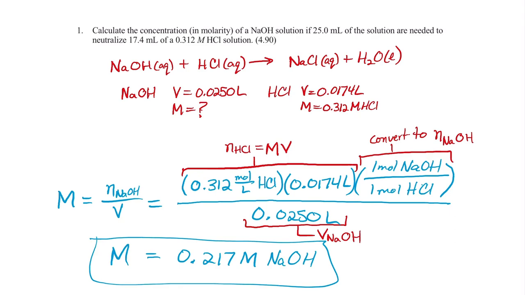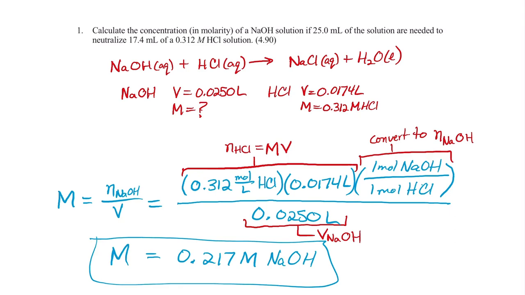And in this problem, I added an extra factor to show you the 1-to-1 ratio of sodium hydroxide to hydrogen chloride. So I begin with the number of moles of hydrogen chloride in that sample is equal to the molarity of hydrogen chloride times the volume of hydrogen chloride. Then I multiply it by the stoichiometric ratio, which again is 1-to-1.